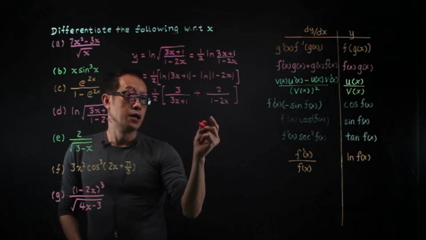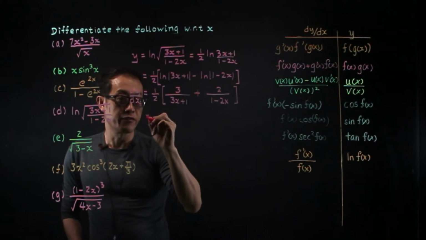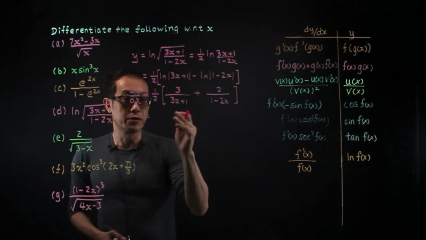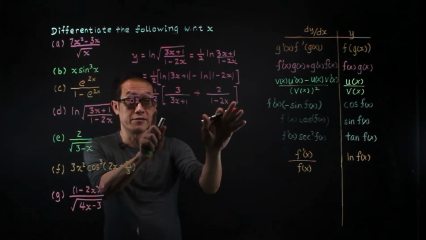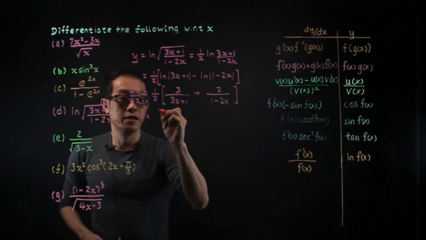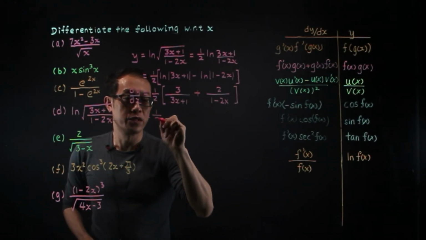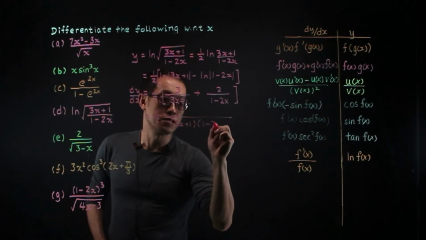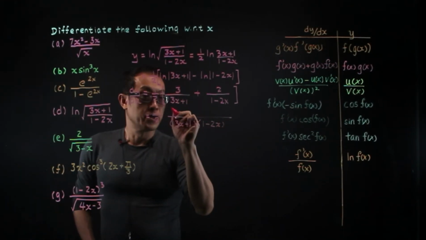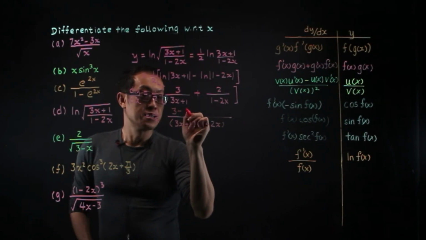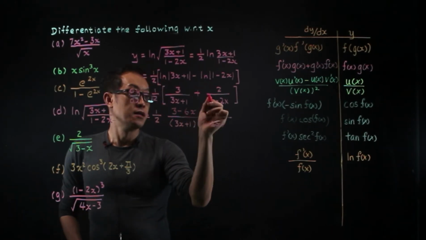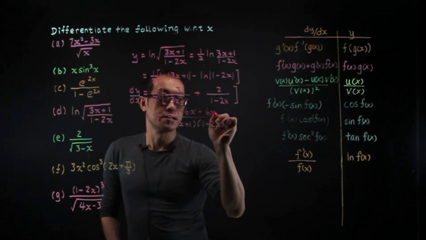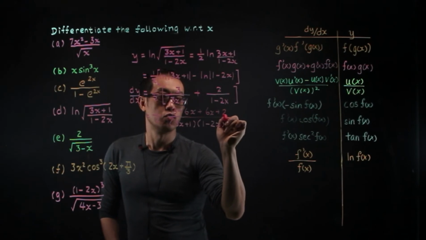Alright. Now, you can put this as a single fraction. If not, you can just leave your answer this way. Now let me put it in a single fraction, but in exam you can always just leave it, you will already get full marks, okay? So 1 over 2, the denominator will be, so you do a cross multiply, you have 3 minus 6x plus 6x plus 2.